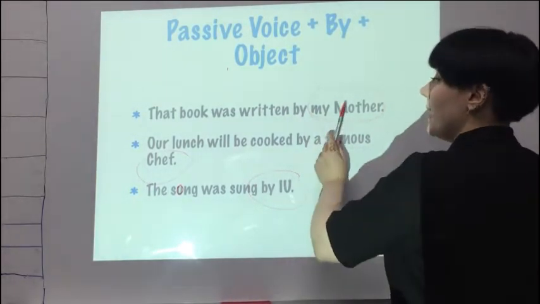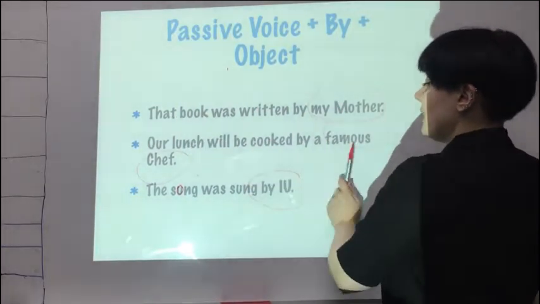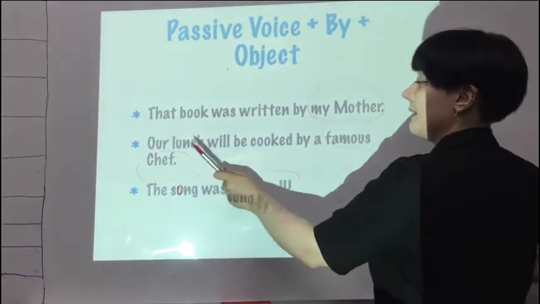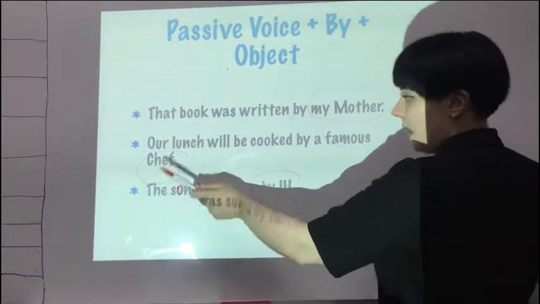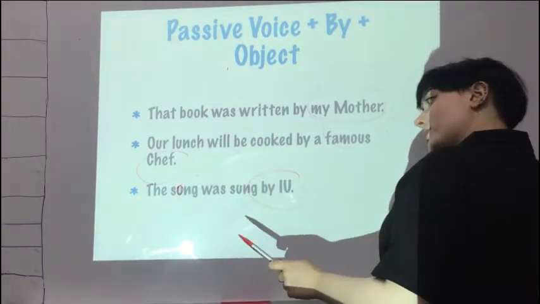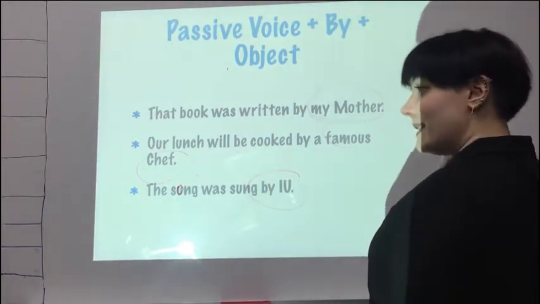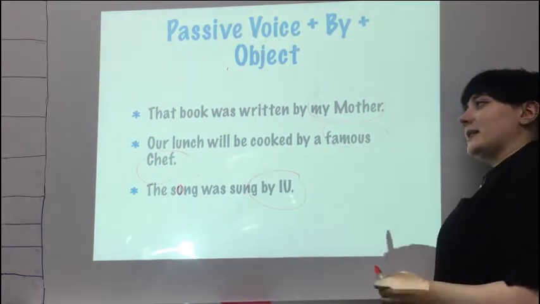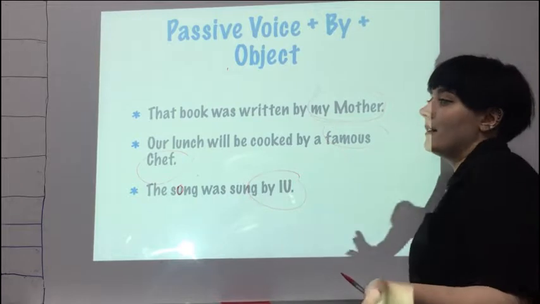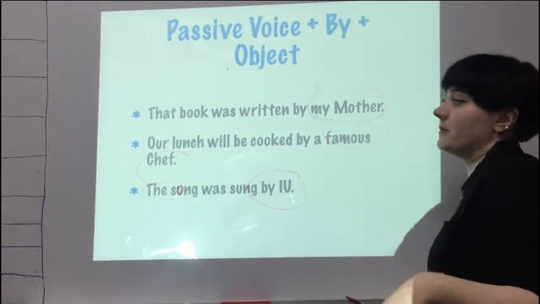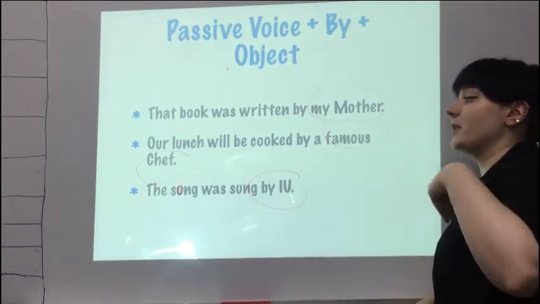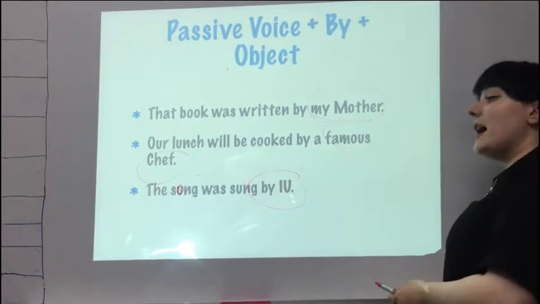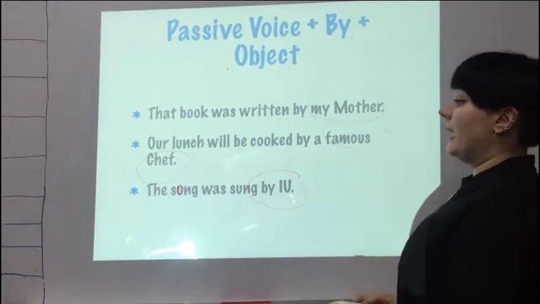So for example, my mother wrote that book. A famous chef will be cooking our meal. AG2 sung that song. But in the passive voice, our object is basically more important. So it's the book was written by my mom, our lunch will be cooked by a famous chef, and the song was sung by AG2.